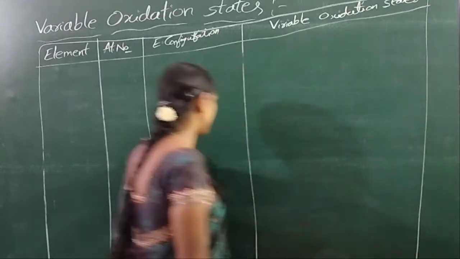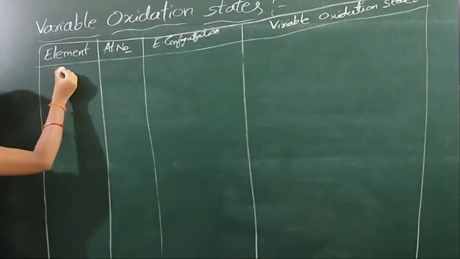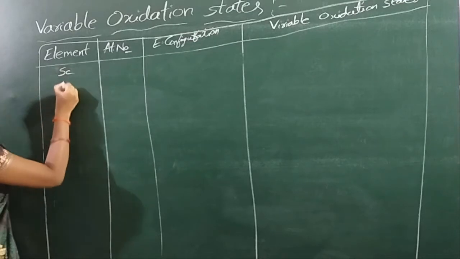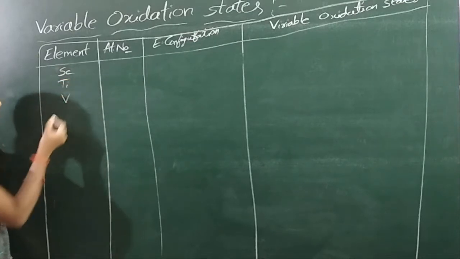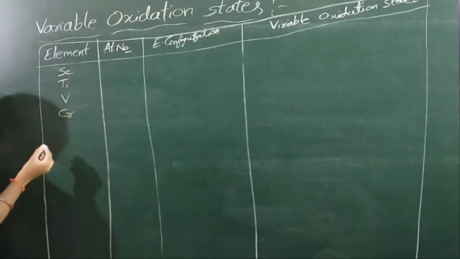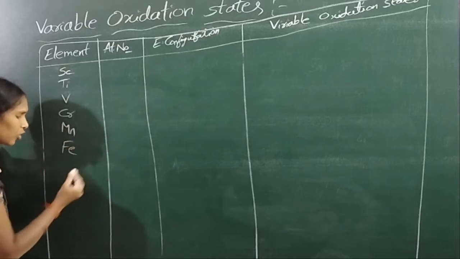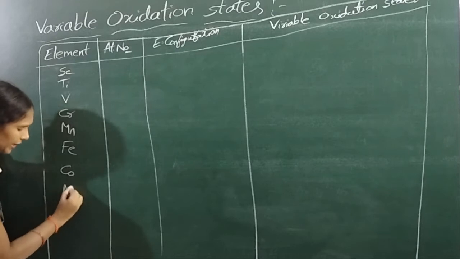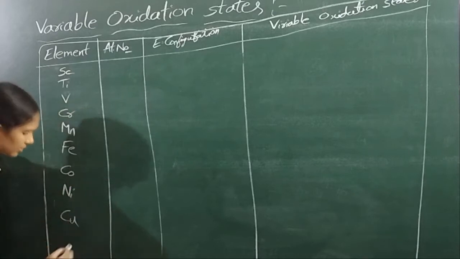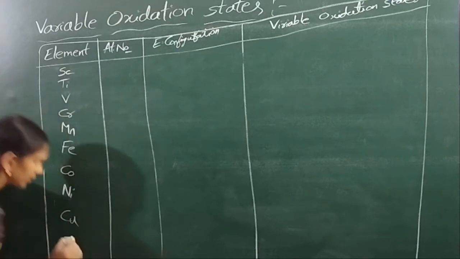Here I take the 3D series elements. First one scandium, titanium, vanadium, chromium, manganese, iron, cobalt, nickel, copper, and the last one is zinc.